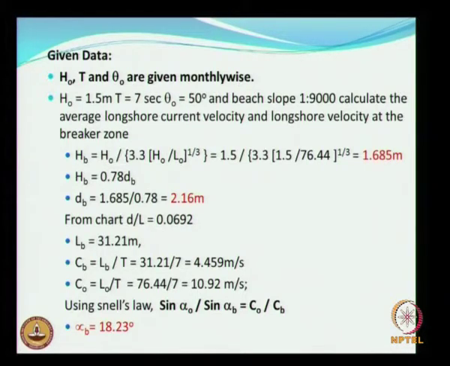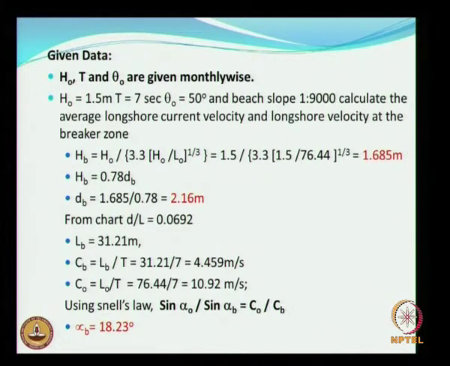So the procedure is, the slope is also given. You can use this equation, which relates the deep water wave characteristics, to obtain the value of the breaker wave height. All these formulas are discussed in the chapter on wave deformation, and this will yield a value of 1.685 meters for the breaker wave height.